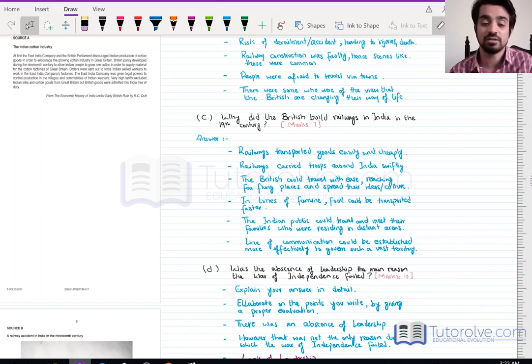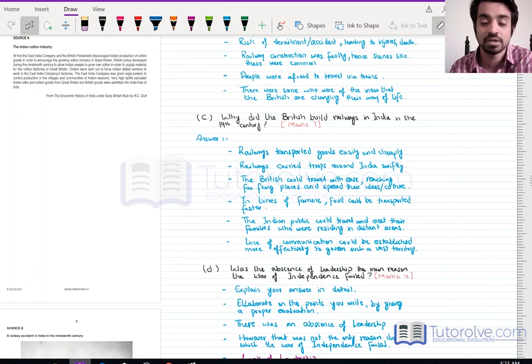The British could travel with ease, reaching far-flung places, and because of that they could spread their ideas and their cultures without any problems, considering the times that they lived in. And especially during the times of famine, there was a great need of food and goods and other materials to be transported to far off places, which was done through railways.